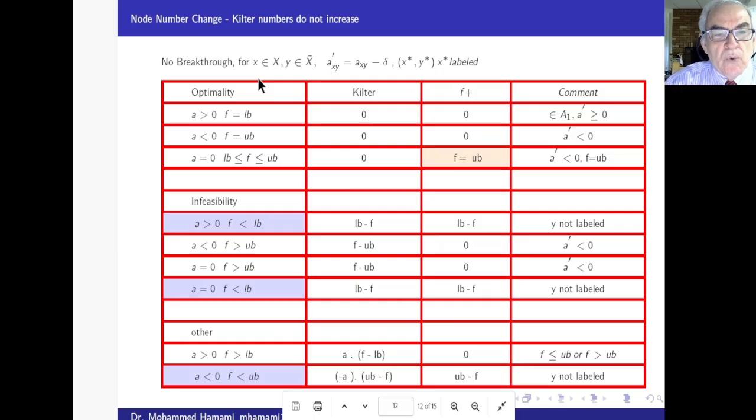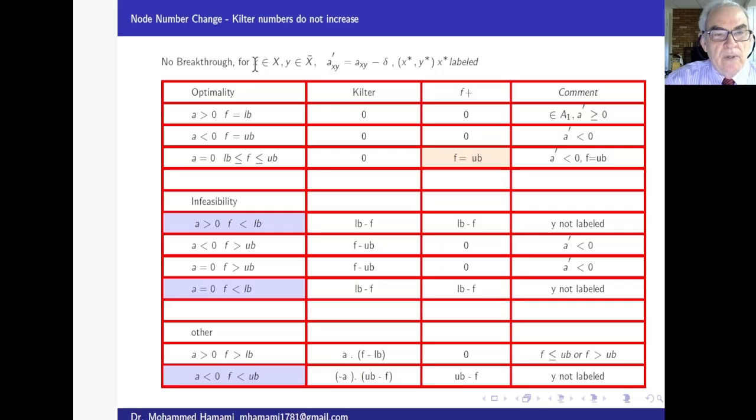So now the only arcs we have to worry about are arcs going from X to X bar and arcs going from X bar to X. And of course, we have to worry about our original arc X star, Y star that we are trying to put in Kilter. Now, let's deal with the case other than X star, Y star first.